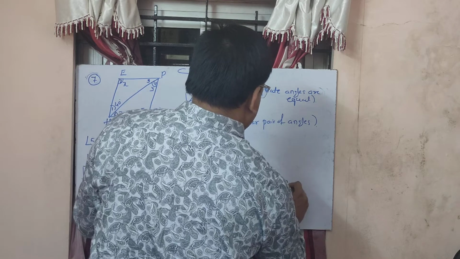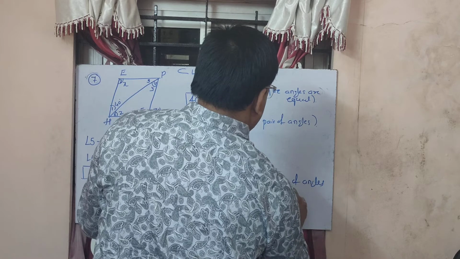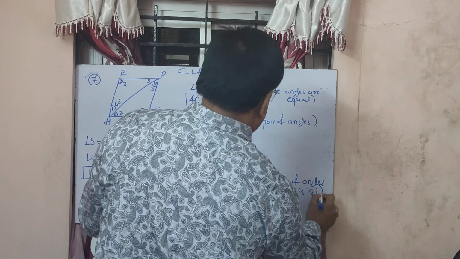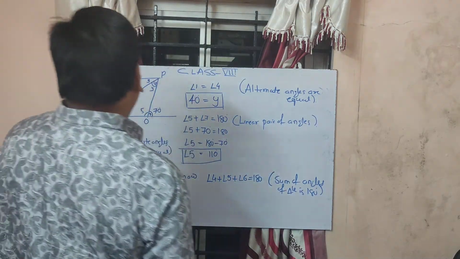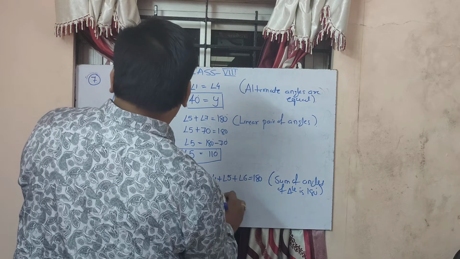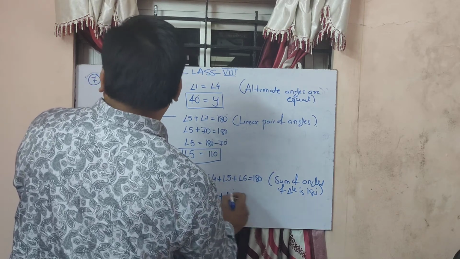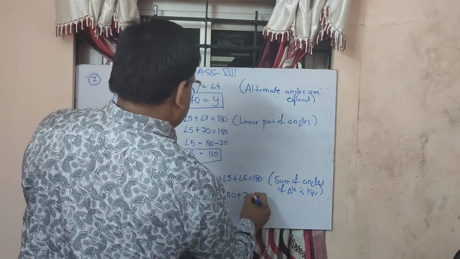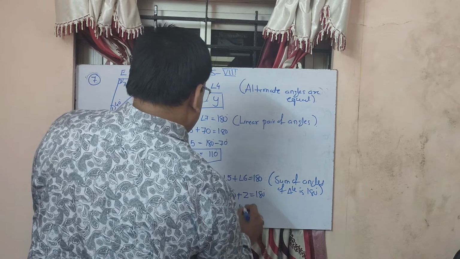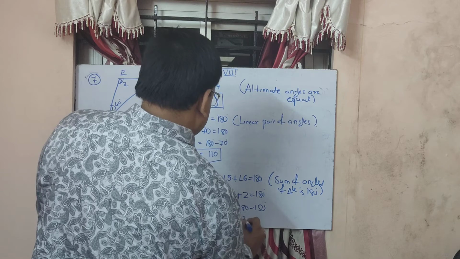Sum of angles of a triangle is 180 degrees. So angle 4 is how much? That is 40 degrees. Angle 5 is how much? 110 degrees. Angle 6 is what? That is z, equal to 180. So angle z equals 180 minus 150. So angle z equals 30 degrees.